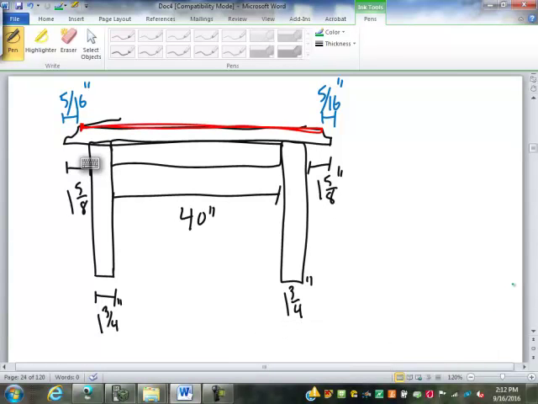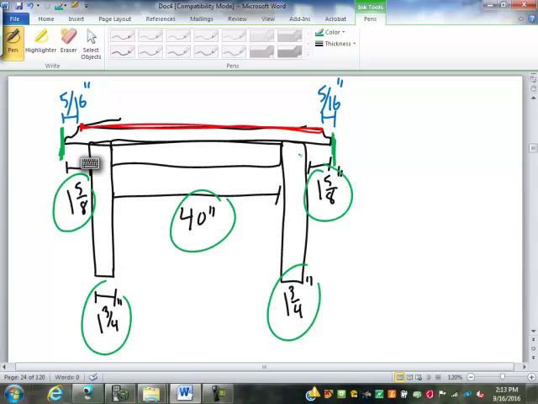Just to do a little process check here. I get the dimension from here to here, of course. So you're going to add 1 5/8, 1 3/4, 40, 1 3/4, and 1 5/8. How many of you have that dimension already? Or think you have something for that dimension? Good share of you? Okay.